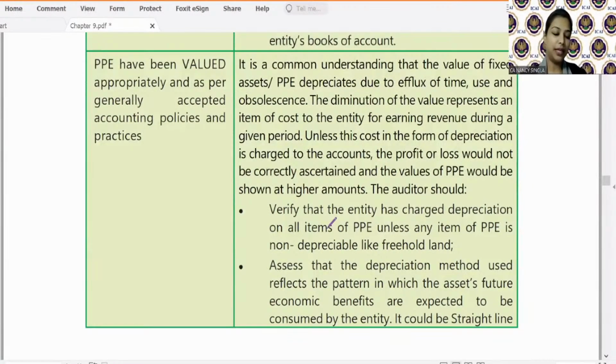You all must be aware what depreciation is, why depreciation is charged, right? So the value of fixed assets, PPE, depreciates due to efflux of time. Efflux is what? Passage, use or obsolescence.